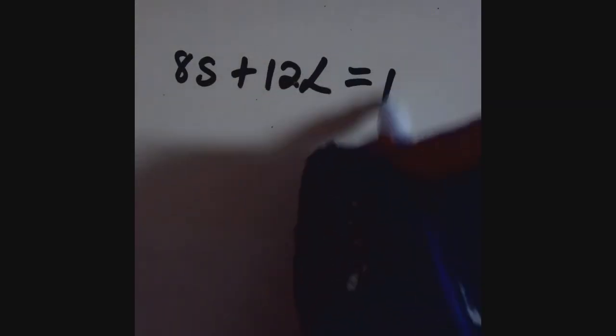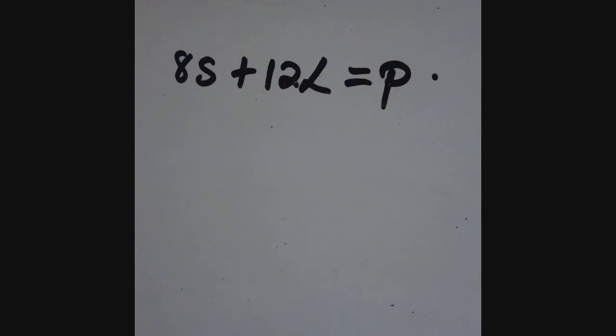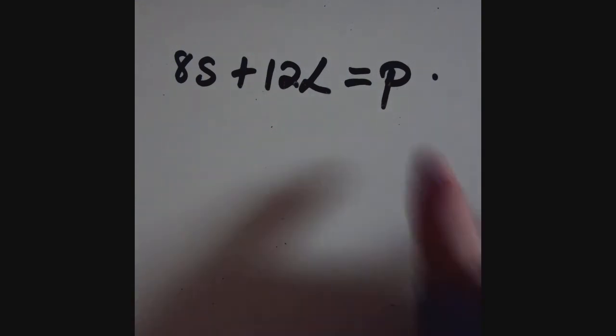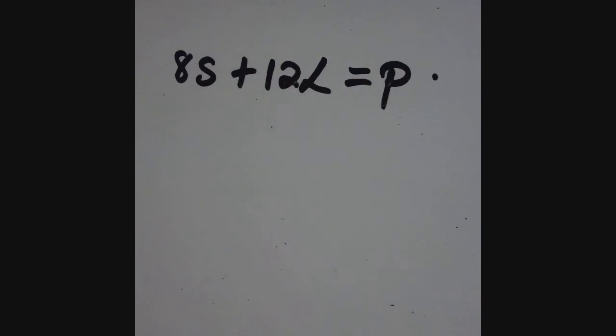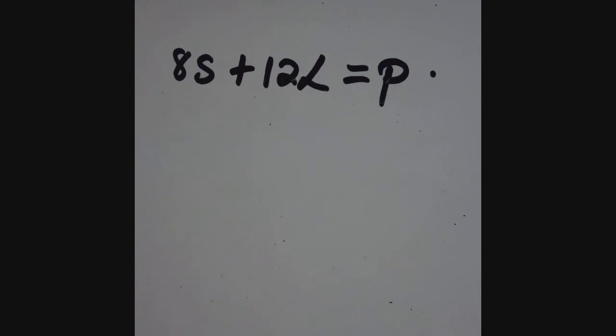So let's go ahead and write this out. 8S plus 12L for the large van equals P. Okay, so I almost have an equation, but I don't have one until I find what P is. Okay, I've got to find, can't have three variables, not right now at this level. Okay, so I have to find people.